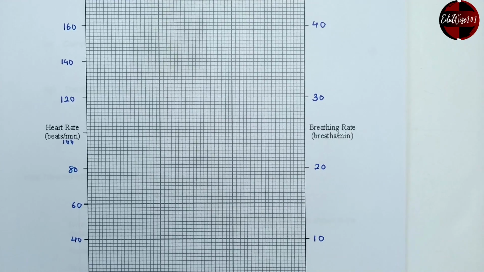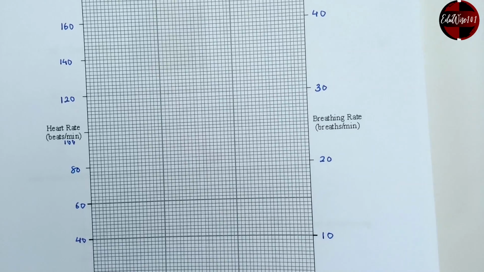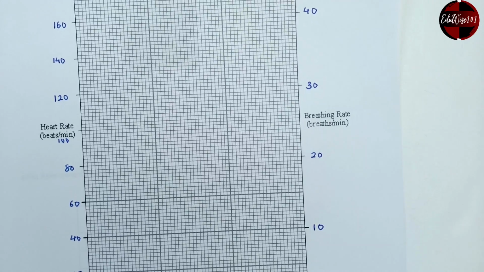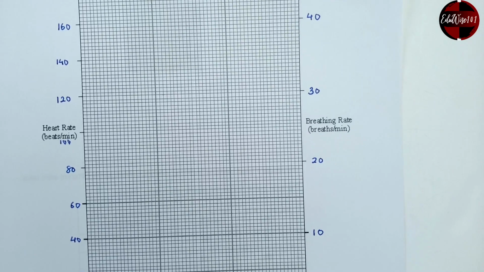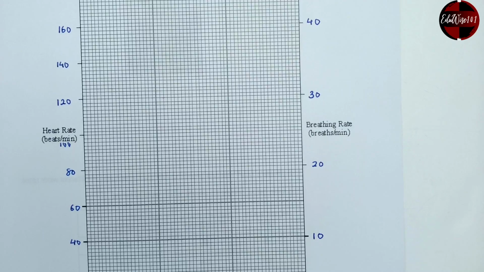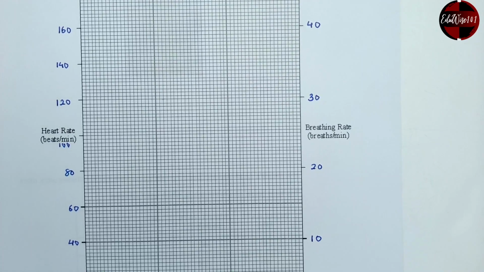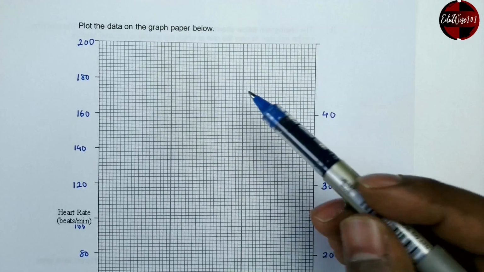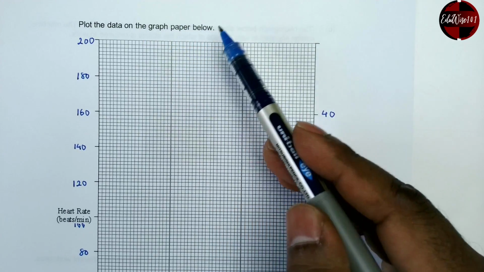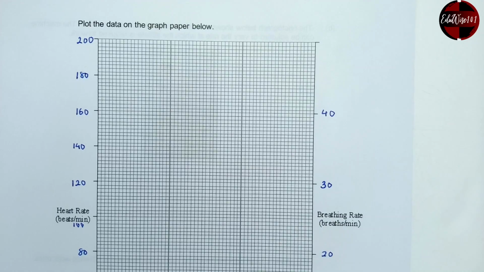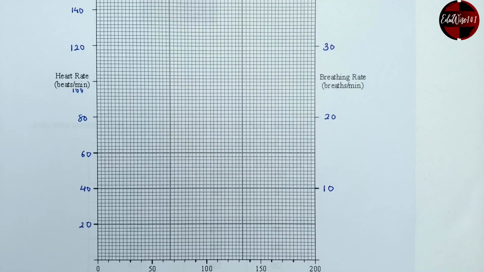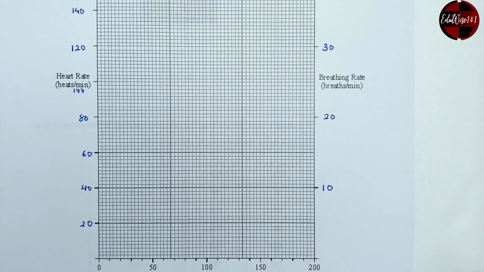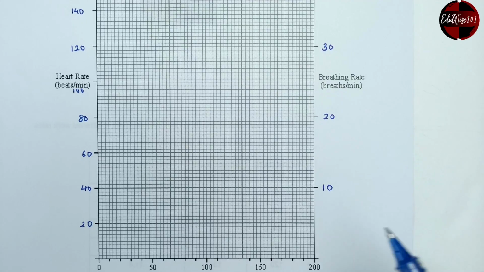And the question is asking us to plot the data on the graph paper below. So I'm going to plot the points for the heart rate first.